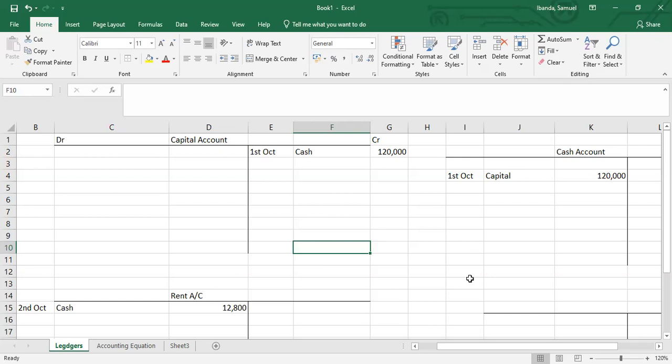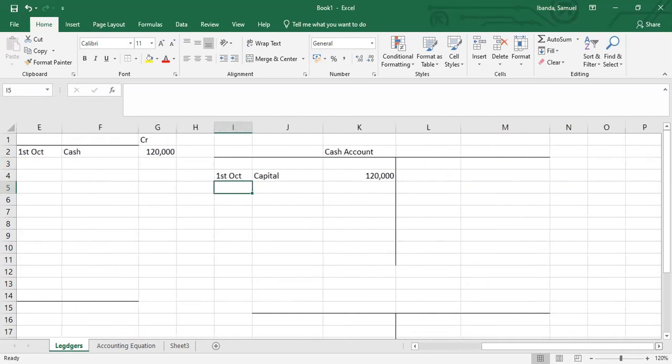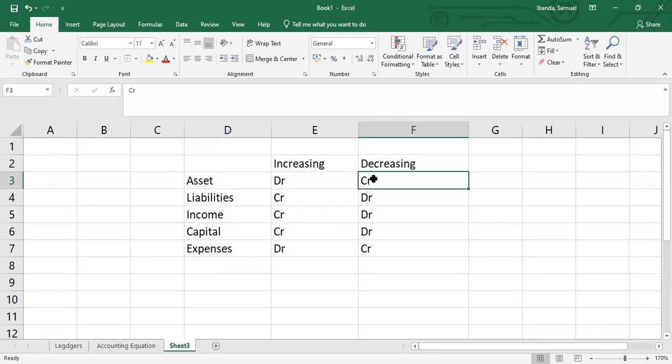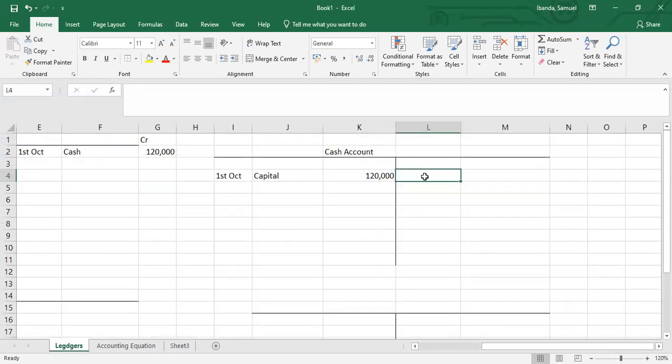And then what we also have is the cash account. So we shall come to the cash account here. In this case, since it's a payment, 12,800 reduces our cash. And remember, when our assets are decreasing, we credit them. Cash is a current asset, so it is decreasing in this case. So we shall come here and credit it.